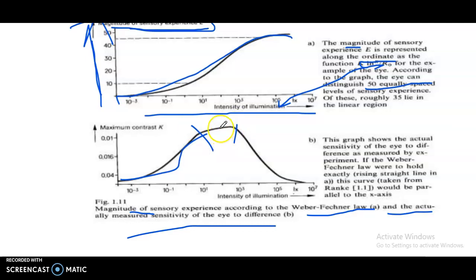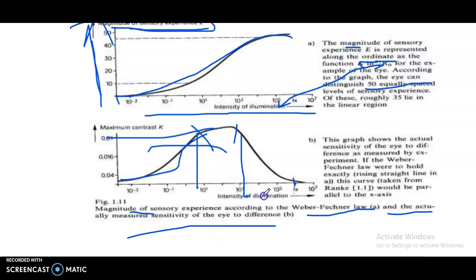Approximately this one is constant, the maximum contrast. Here it is linear, then also linear, you can say negative linear. This graph shows the actual sensitivity of the eye to differences as measured by experiment.